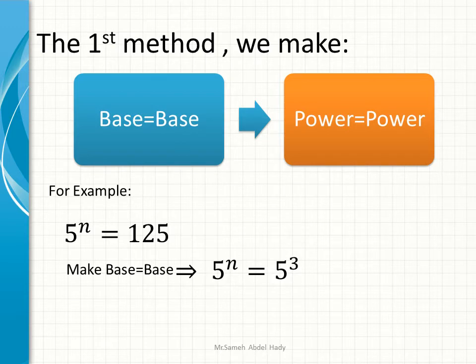We see 5 power 3 equals, sorry, 125. Alright, now we see 5 power n equals 5 power 3. Here I have base equal base, so I have power equals power. So I write n equals 3.